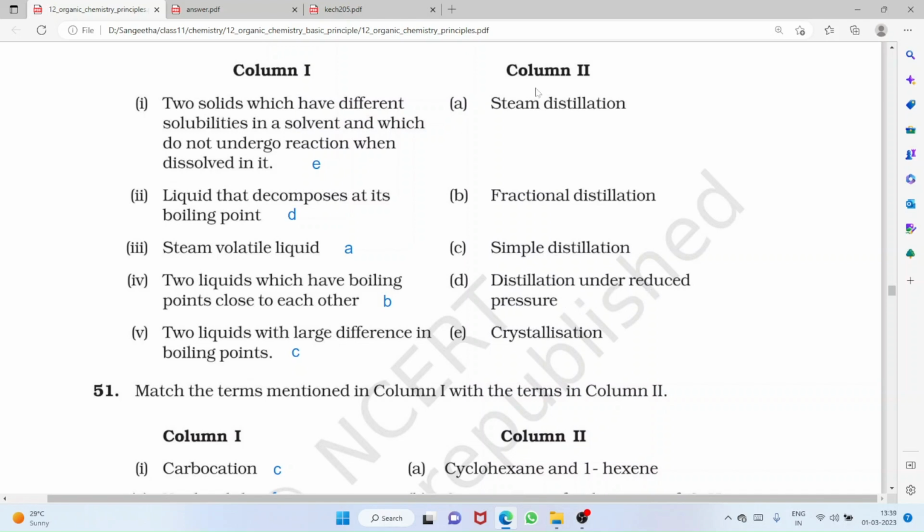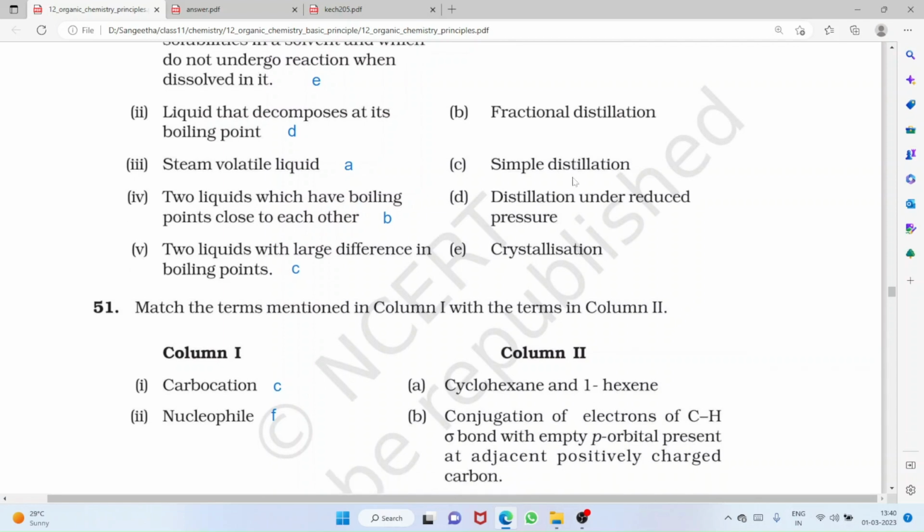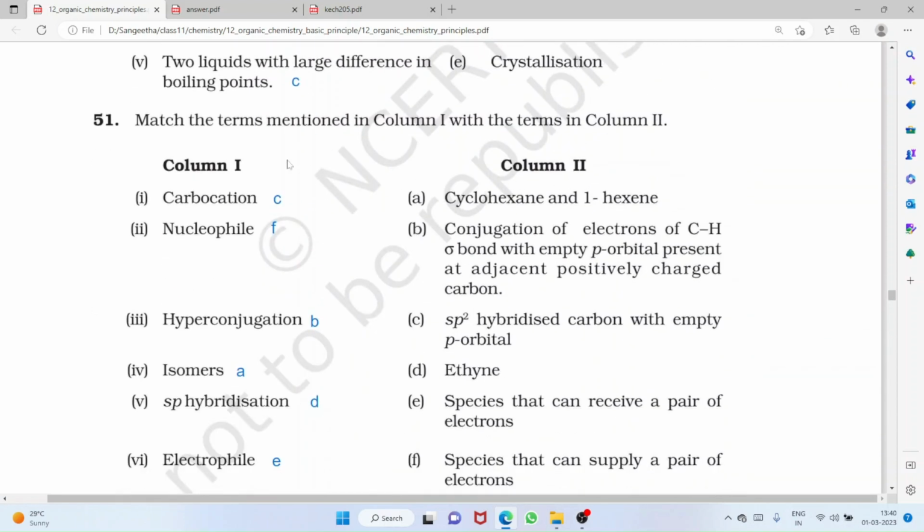Steam volatile liquid: steam distillation. Two liquids whose boiling points are close to each other: we have to use fractional distillation. Two liquids with a large difference in boiling points, more than 20 degrees: you can use simple distillation. Match column 1.